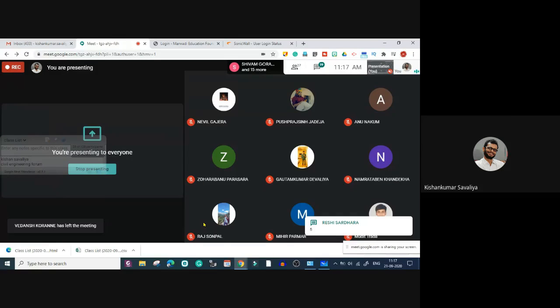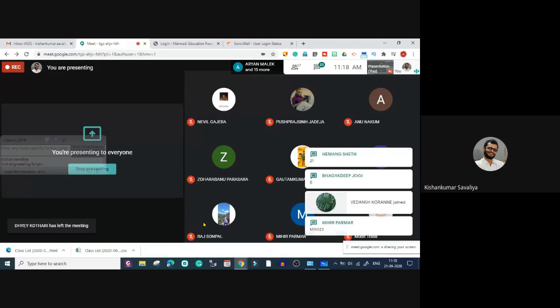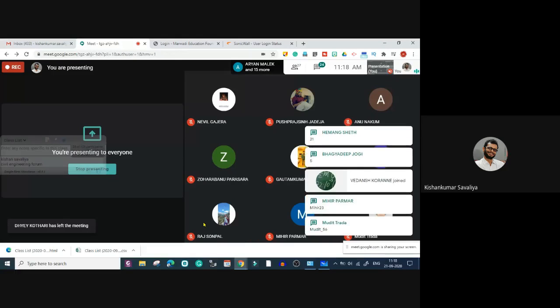Meanwhile, you need to write down your roll number in the chat box along with your answers. If you have any kind of doubt, we are performing the practical as per the Indian Standard Code.